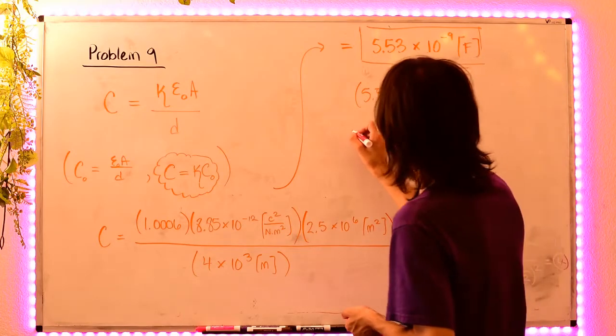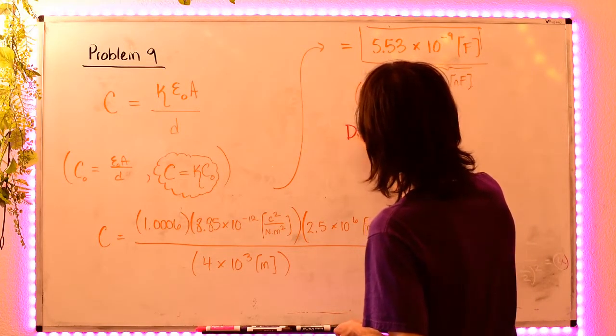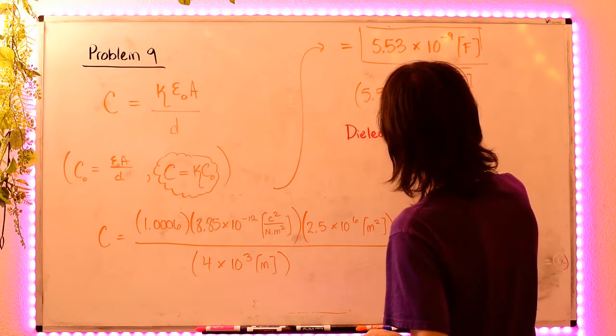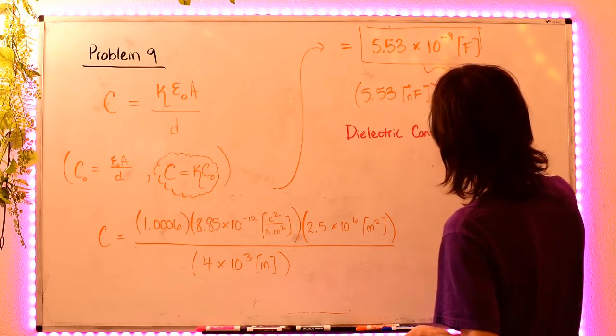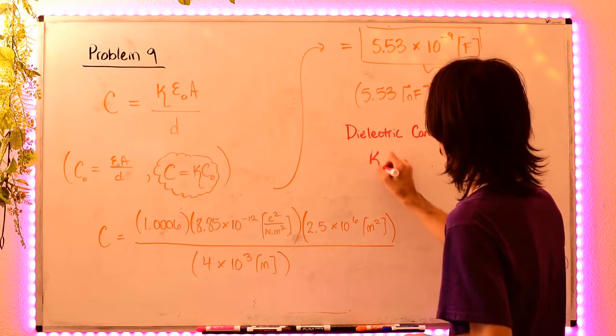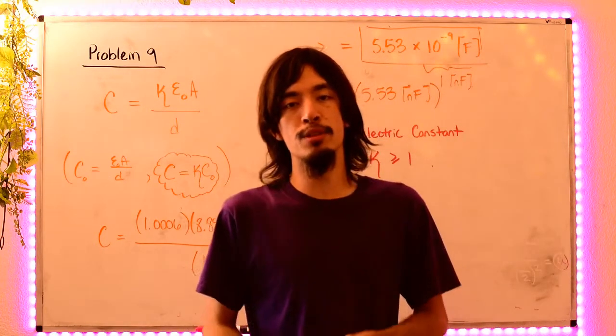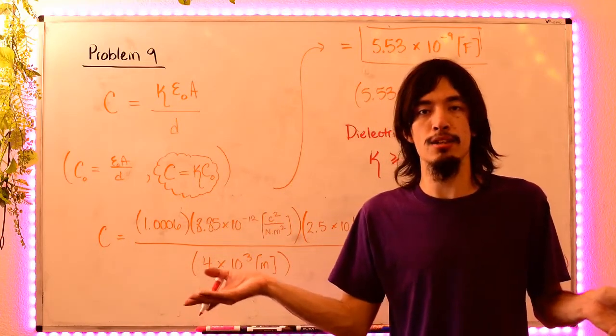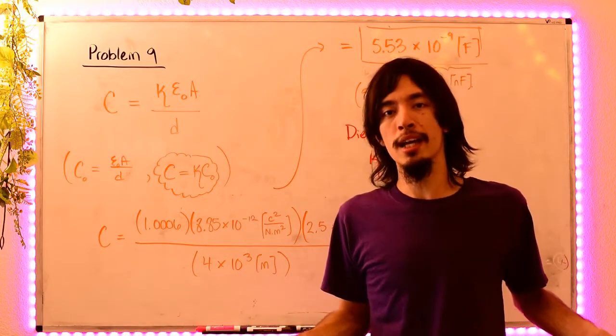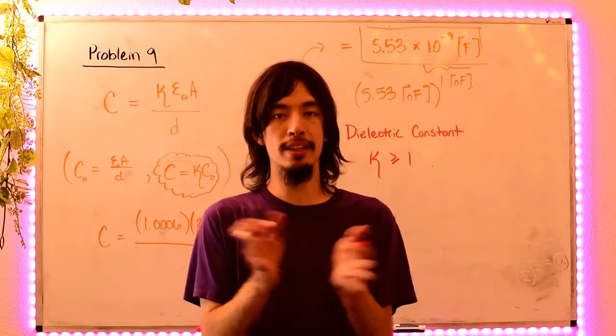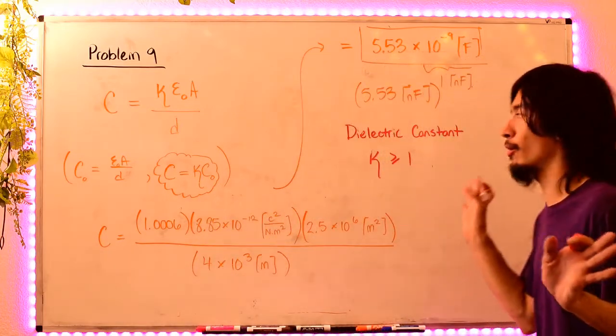So the dielectric constant must be greater than or equal to 1, where if it's equal to 1, it means that it absolutely does nothing to the system. It has no effect. And the only way that could be true is if it were vacuum. Nothing is present, so it has no effect compared to before.